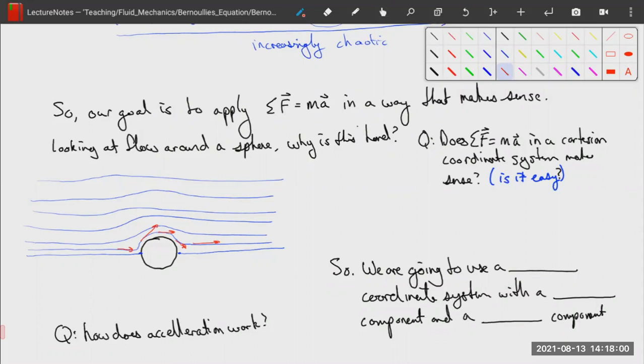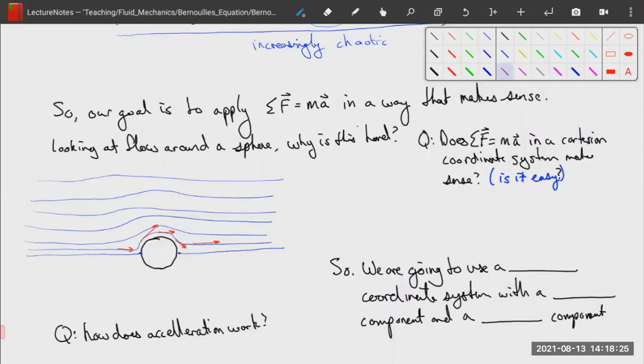But F equals ma in a Cartesian coordinate system requires you to pick a direction, right? Sum all the forces in a direction. We can look at all the directions combined, but then we have three equations that we have to simultaneously solve, right? For all three directions.